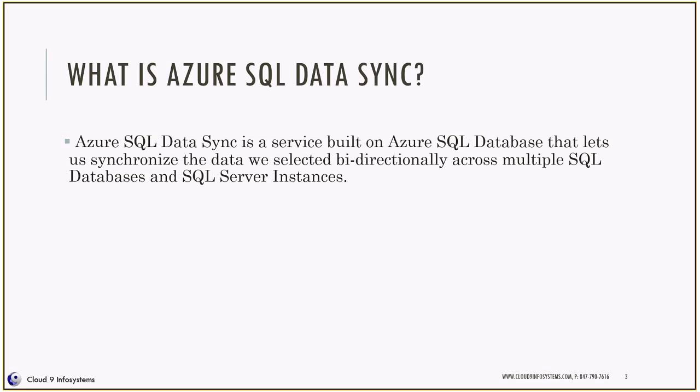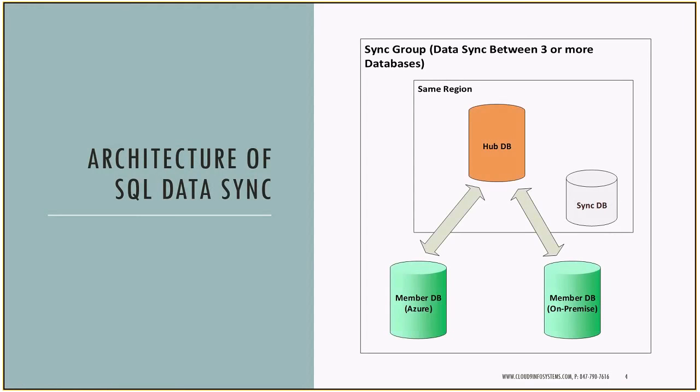And Microsoft Data Sync service allows us to sync data up to 50 other databases, either Azure database or on-premise database. So it is a very powerful tool. And to jump into the architecture of the SQL Data Sync, you will get a clear picture here.